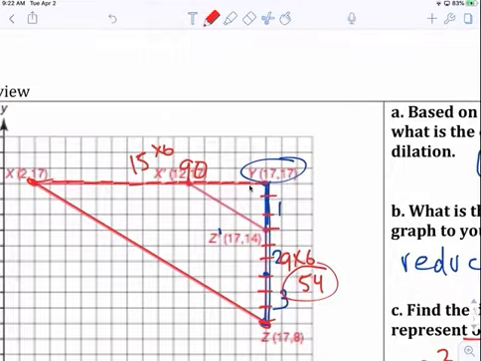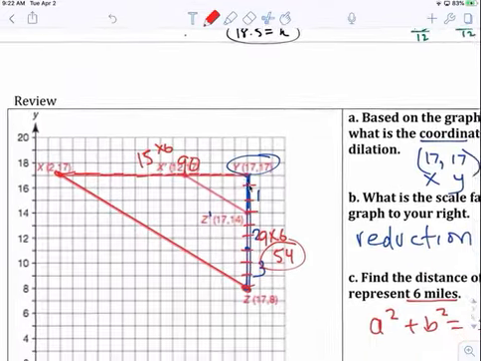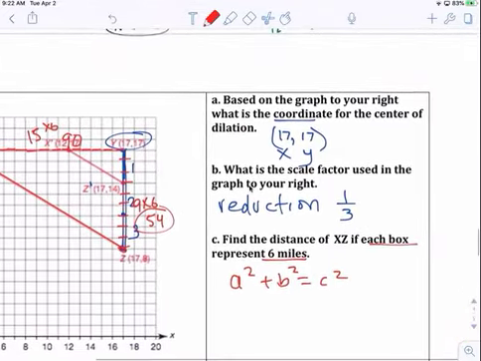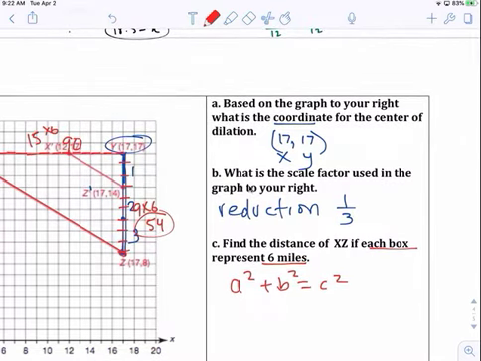Okay, there are 2 ways to do this. Either you use the numbers they give you, 9 and 15, as a and b, and find c. After you find c, you multiply your answer by 6 for 6 miles.